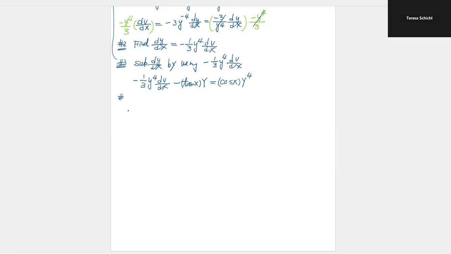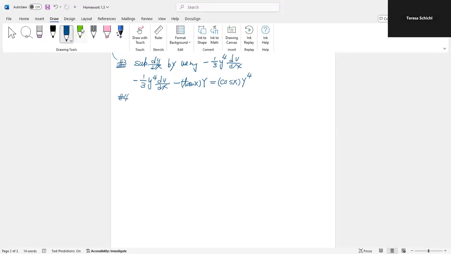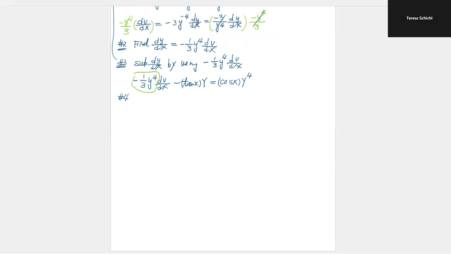So step number 4 here, I'll say it's always the same step. I want to get rid of the term in front of the dv/dx here. So how do I get rid of these terms?